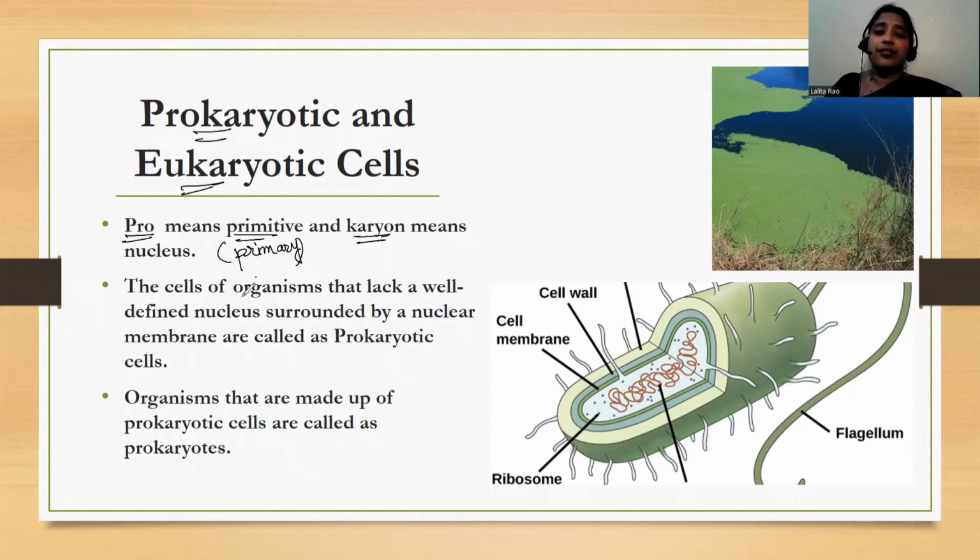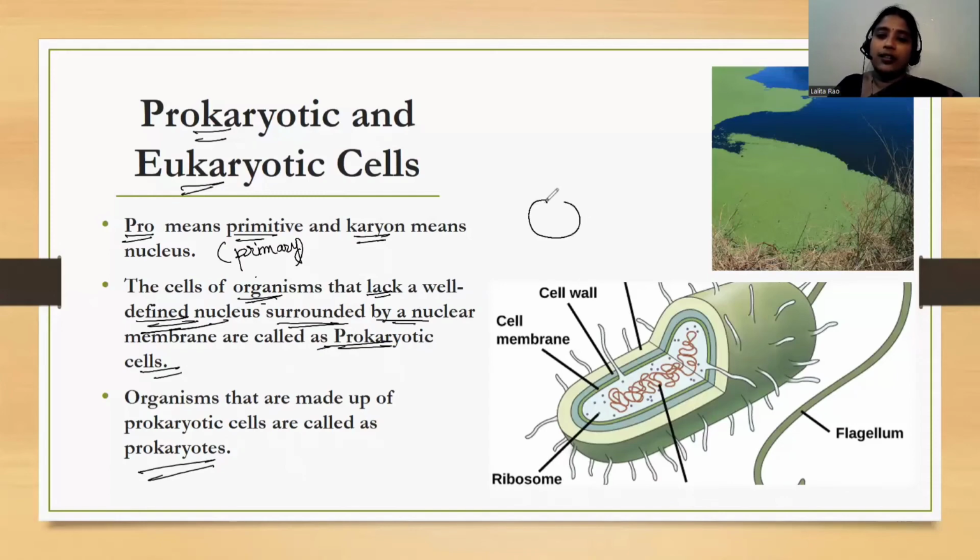So the cells of organisms which lack a well-defined nucleus, the nucleus in the primitive or primary stage, are known as prokaryotic cells, and the organisms made up of these prokaryotic cells are known as prokaryotes. Their nucleus is not surrounded by a nuclear membrane.